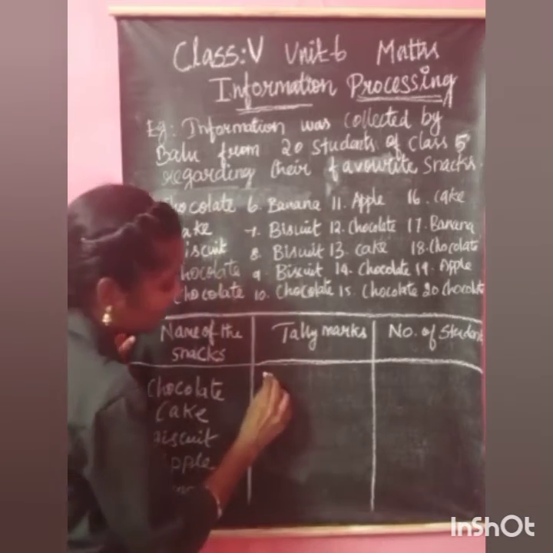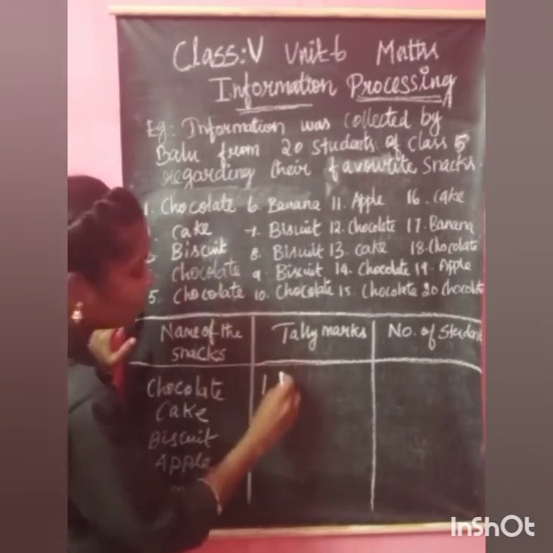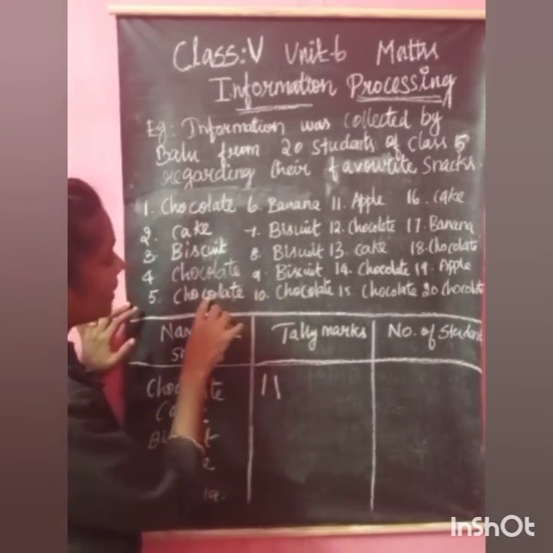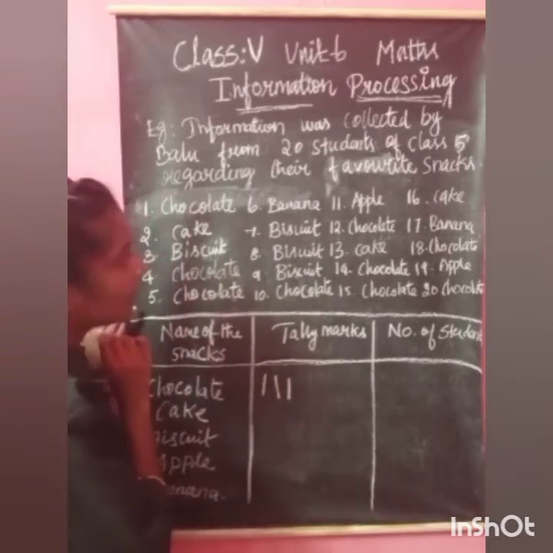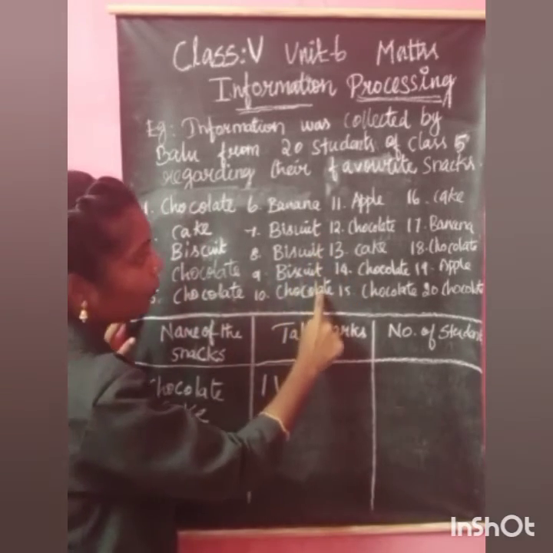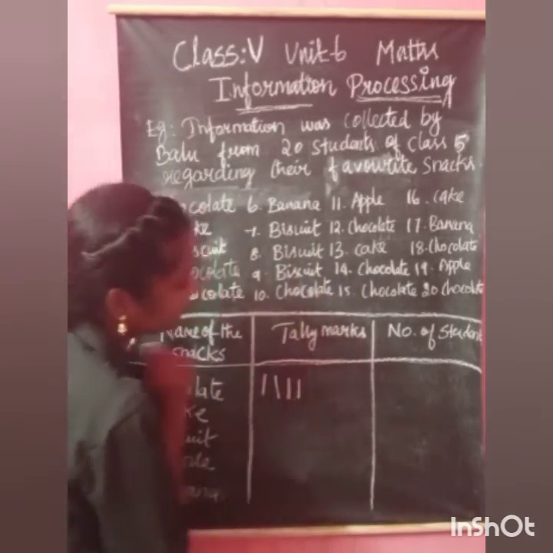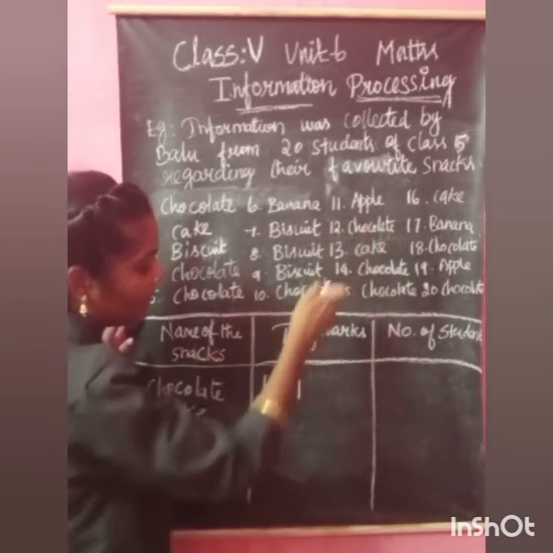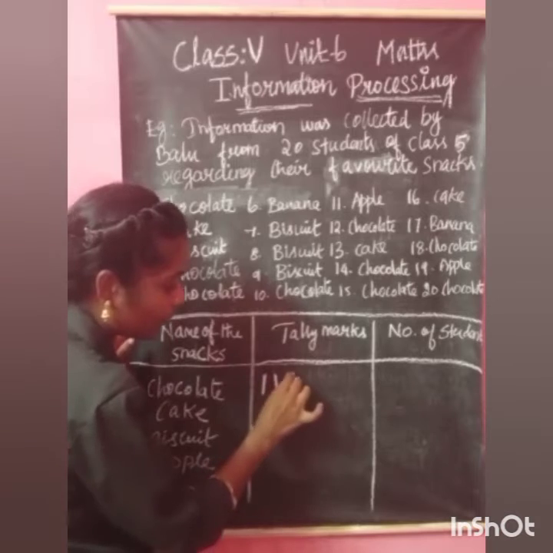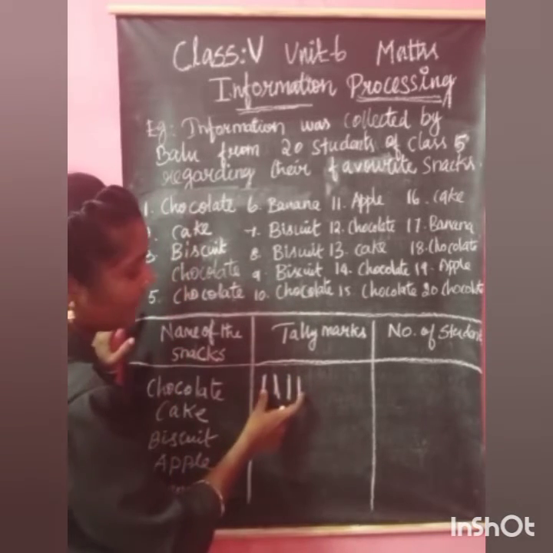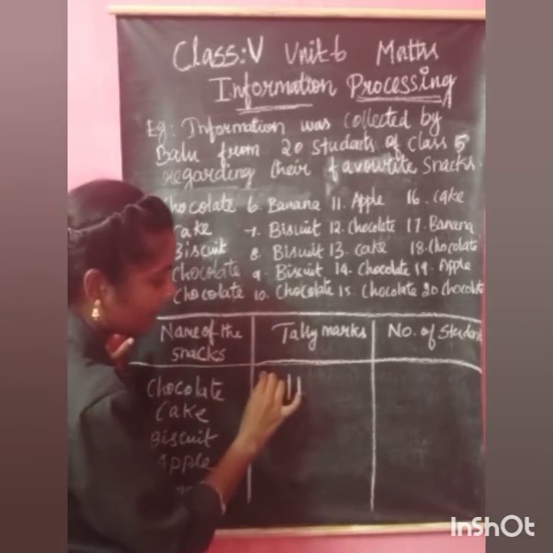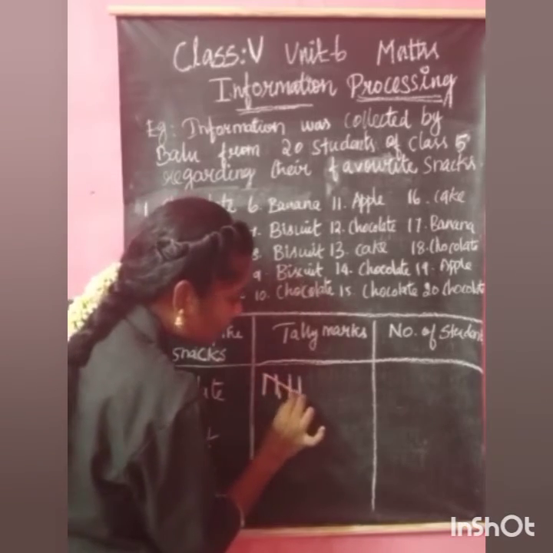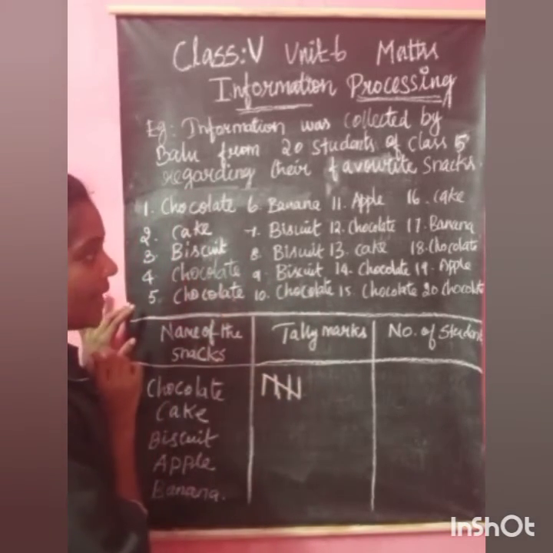So 1, then 2, then 3, then 4, then 5. So 4 vertical lines are tally marks. 5 means, cross these 4 vertical lines.